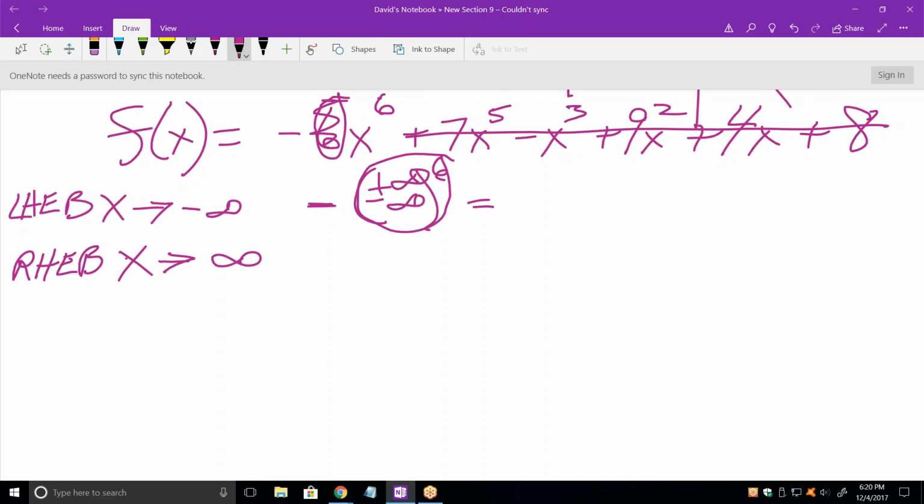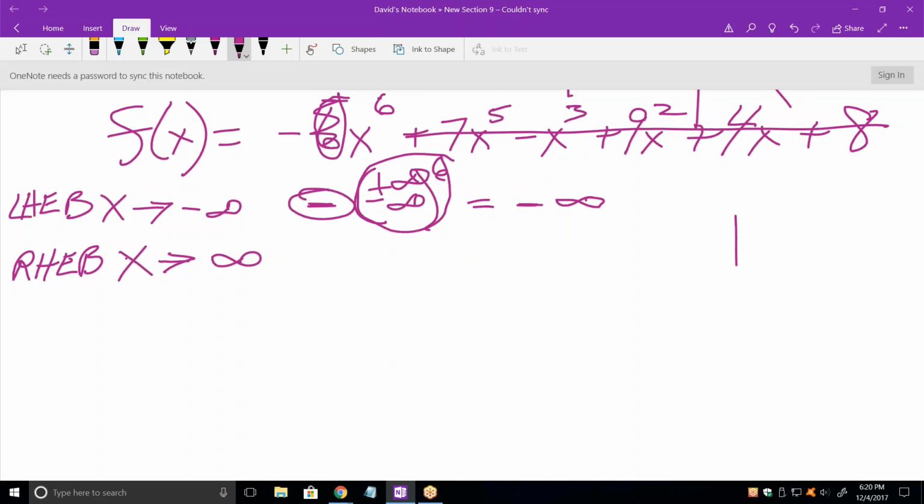Hold on, no. I still got this negative sign out there that I don't want to drop. So left-hand end behavior is actually negative infinity. Which means that as x goes to negative infinity, f of x goes towards negative infinity.